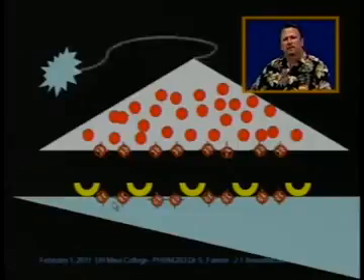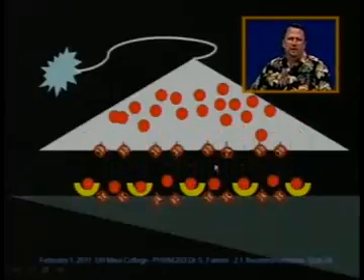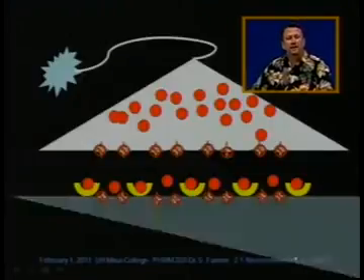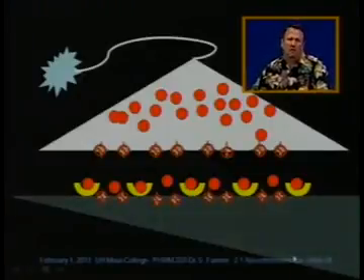Well, what if we block all those little pumps? What if we block the enzymes that break down the neurotransmitter? Well, then the neurotransmitter is released into the synapse and continues to work longer.